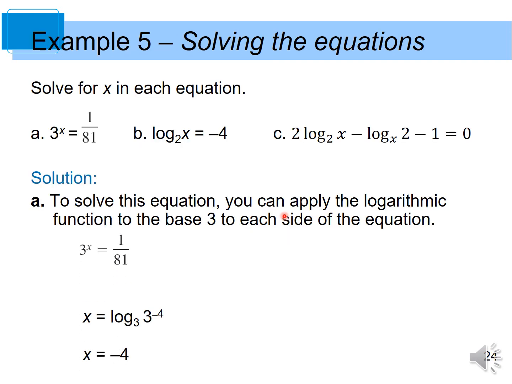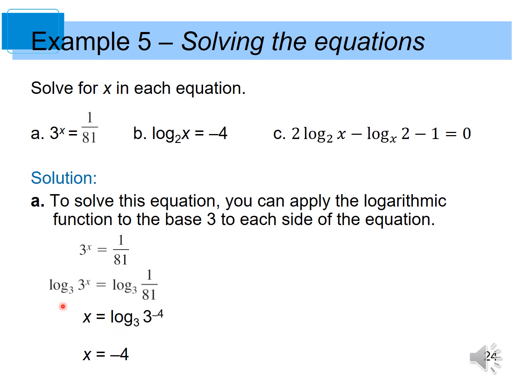Look at this example. Solve for x in each equation. For a, you have 3 to the power x equal to 1 over 81. So you can see your left side term is an exponential function. The base is 3, so we should apply the logarithmic function to the base 3.